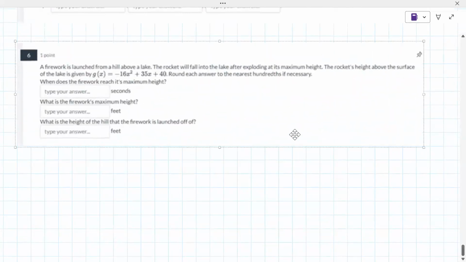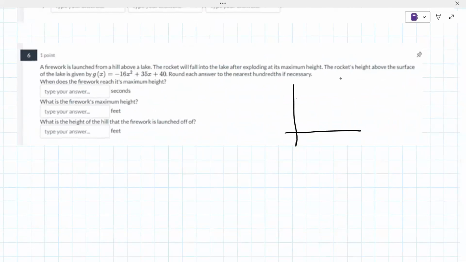All right. So again, they're asking about something in this problem, whether it's 1 or 2. They could even ask about this place here, which is actually what they ask in part 3, that it's launched. That ends up being 40, or the C value. So number 1 here, when does the firework reach its maximum height?